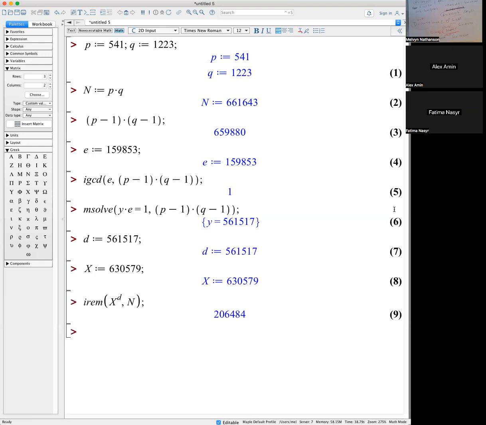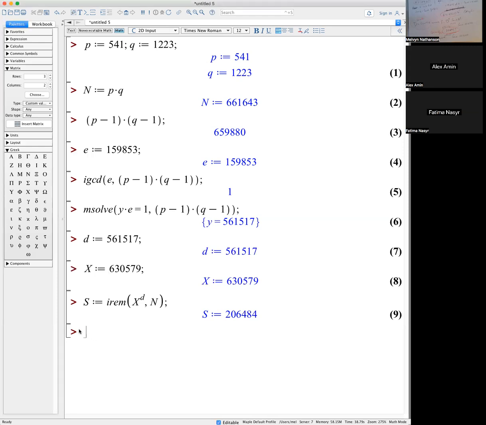And that is S. That's what is transmitted. And so I have to verify that this is really Samantha's signature.